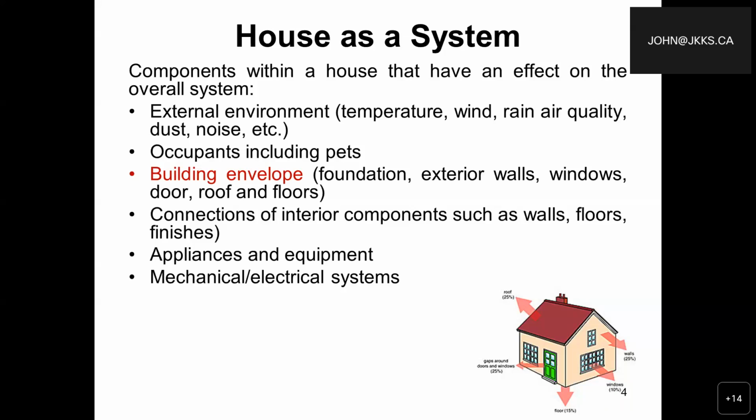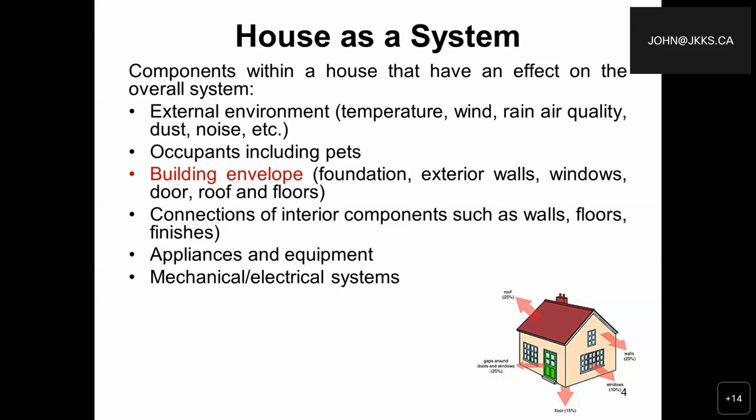As we can see here, the house is based on the holistic value of studying the house in relationship, not just to the material I'm putting on as siding, but the whole house as a system. Components that can have an overall effect include the external environment: wind, rain, snow, dust, and so on.